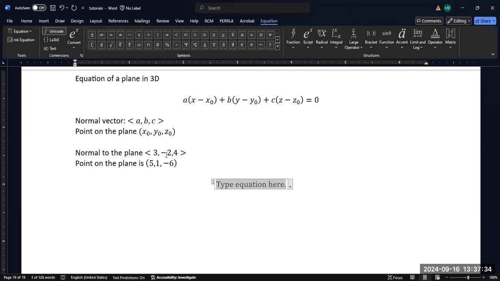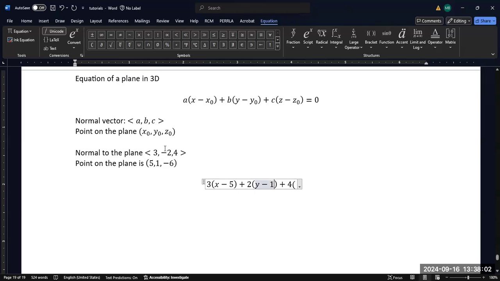So then our equation of the plane is going to be 3(x - 5) plus 1(y) plus 2... oh, sorry, I'm looking at the wrong thing.